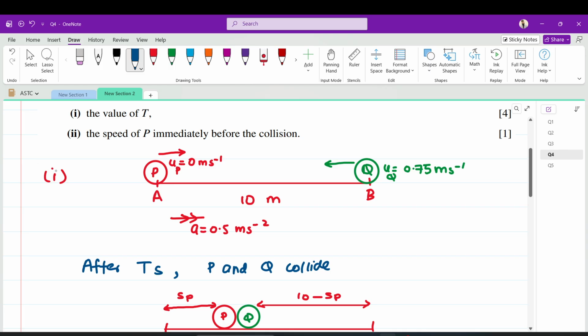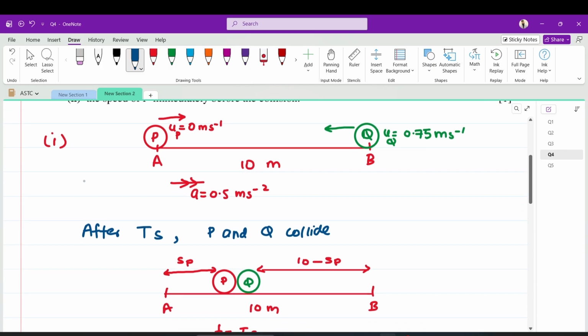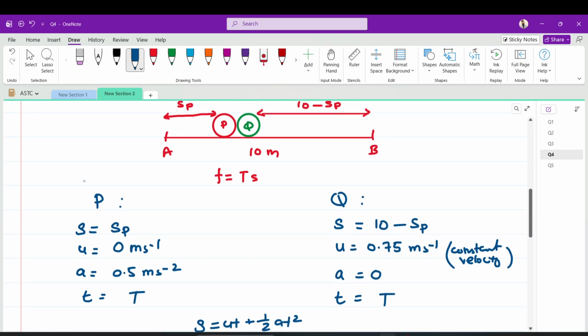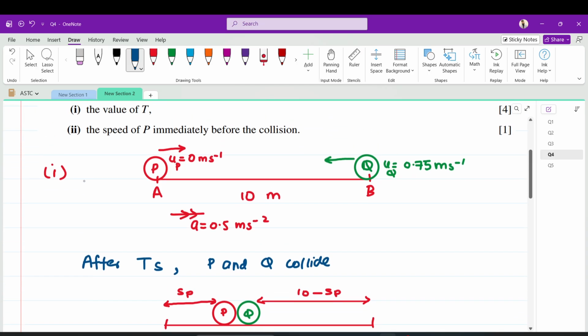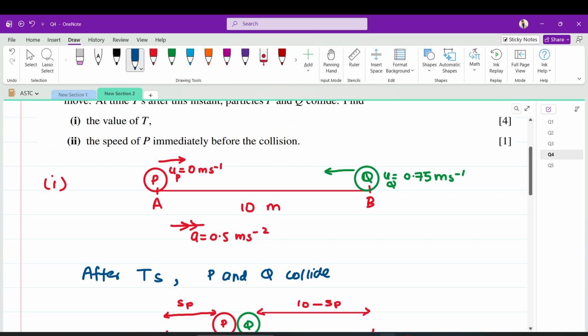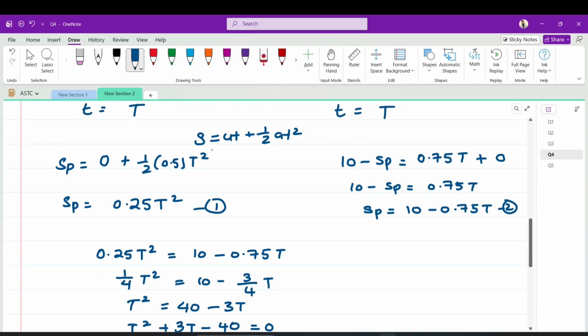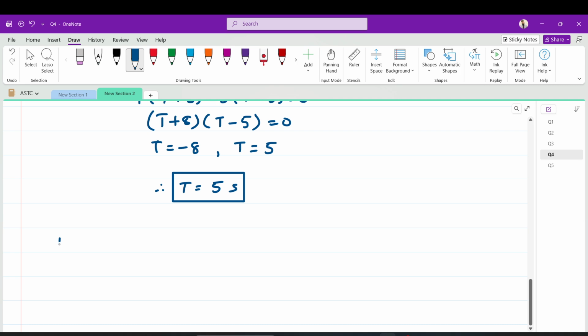Number 2, find the speed of p immediately before the collision. Okay, so now we need to find out what will be the speed of particle p immediately before the collision. So now we know how much time has passed since the particle started to move. So I can write the data for p.